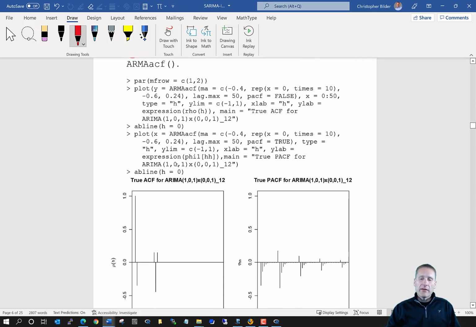Now I want to do a plot of the autocorrelations. For my y argument in my model, I'm going to put in the results from the ARIMA ACF function.